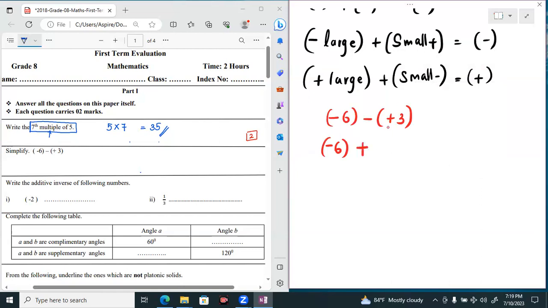Then next, the second directed number should be changed to its additive inverse. Then what is the additive inverse of +3? It is -3. Now you can see here it is addition of two same sign numbers.